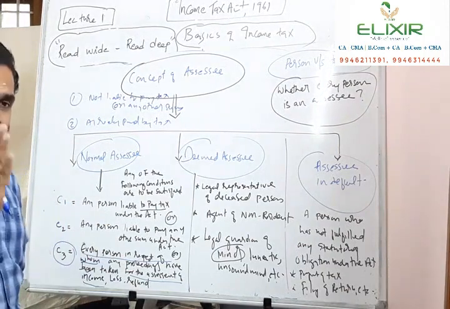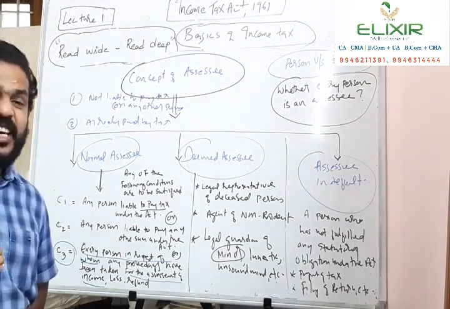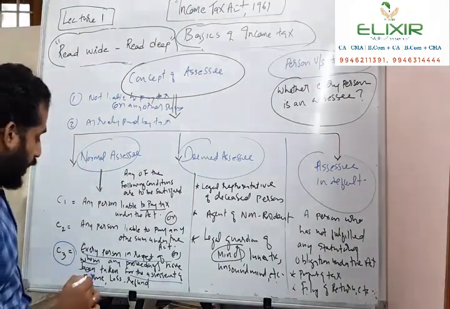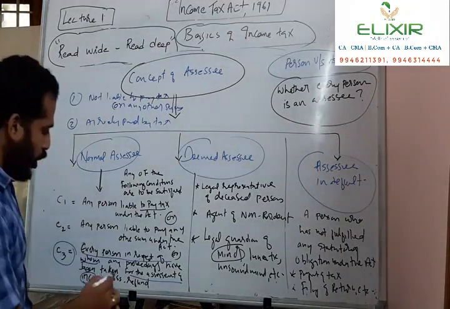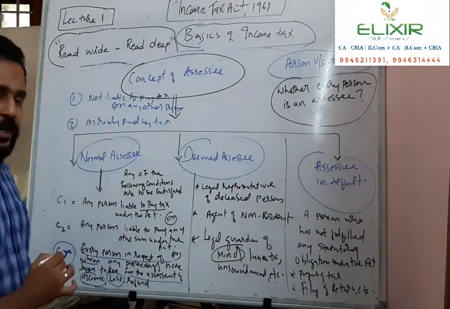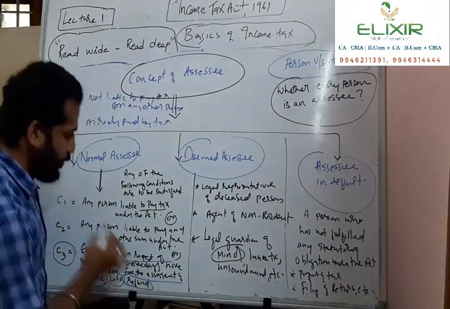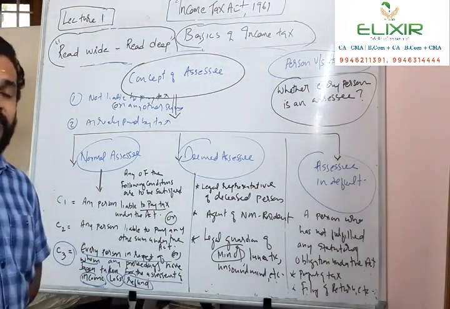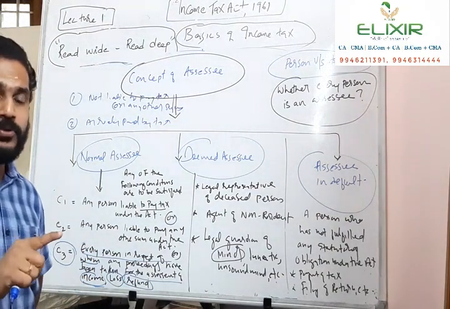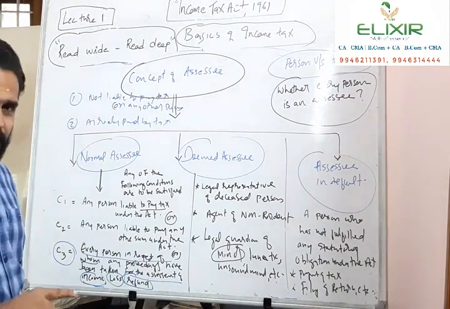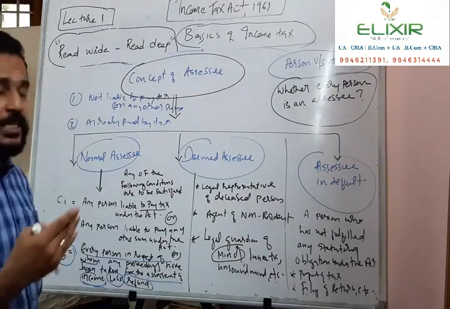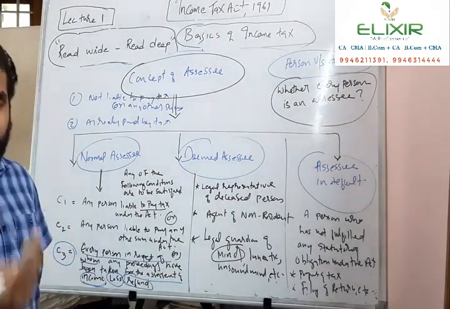So if the income tax department has taken an initiative for the assessment of income, loss, or refund, such persons can also be treated as assessee. So, every person in respect of whom any proceedings have been initiated by the department.